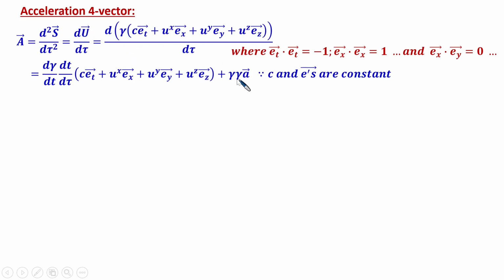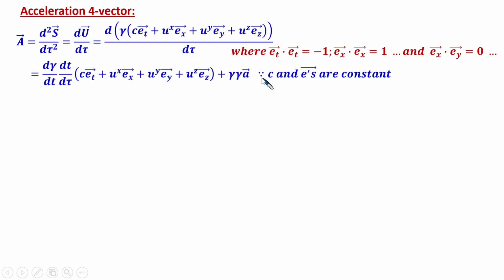This gamma I take out here, and when I take the derivative, I will get this as acceleration. This is your de_t/dτ, this is a constant, so this will become 0. So now you will have this 3-dimensional acceleration, and all this du_x/dτ I can write similarly as du/dt and dt/dτ, and this dt/dτ will become gamma. So please take pen and paper and try to get this.